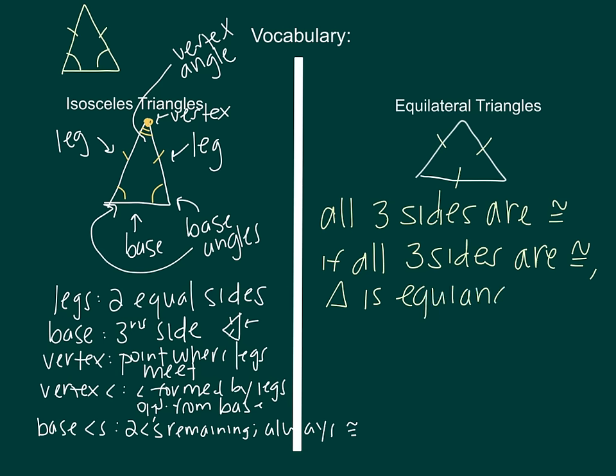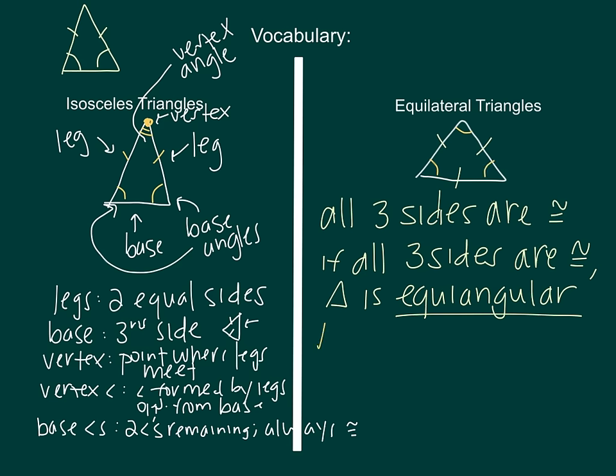And what does that word mean? All right, we know what that word means. We remember that from polygons. So equiangular, remember, is all angles are congruent. So if we have an equilateral triangle where all the sides are congruent, that also tells me that all three of my angles are also congruent.